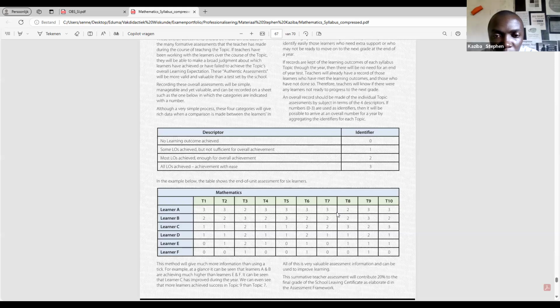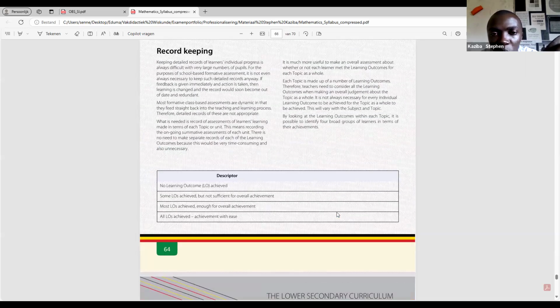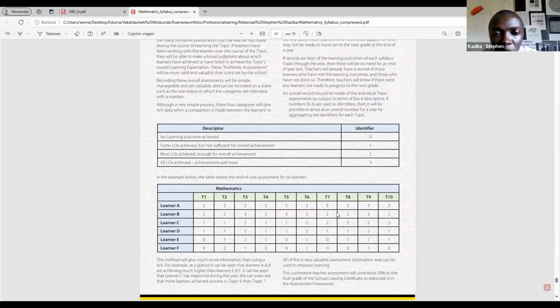The table you are noticing shows at what level this child is, how much he was able to cover or get from that particular topic. So we describe them depending on the number of learning outcomes they have been able to achieve from that particular topic.